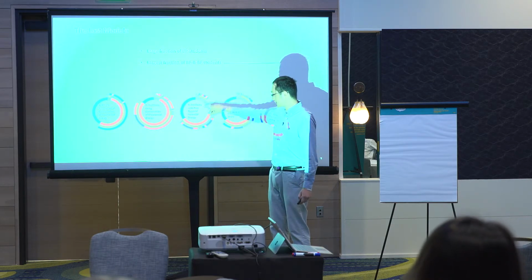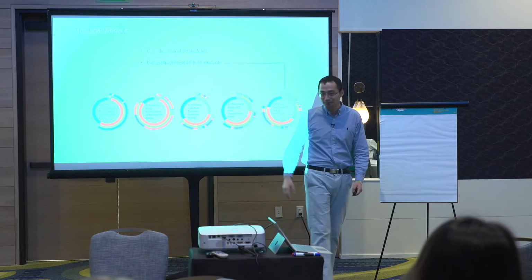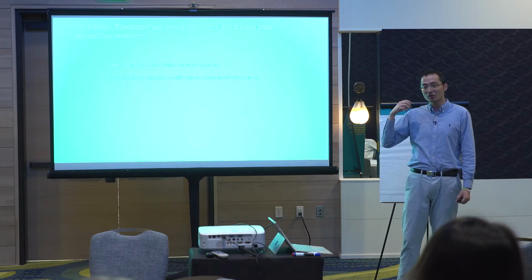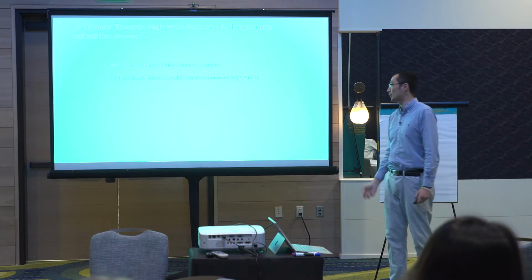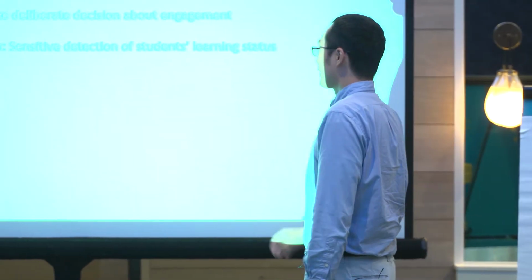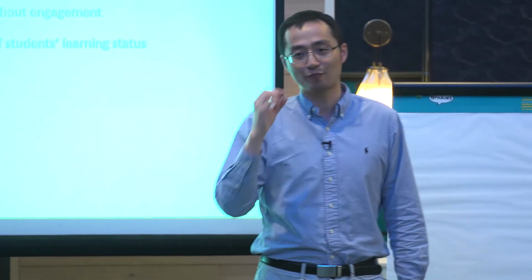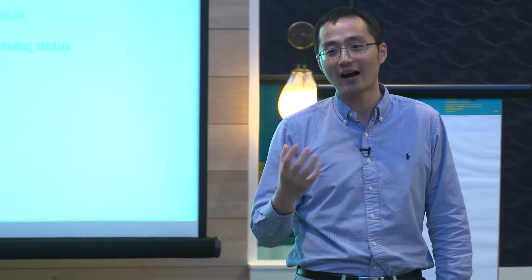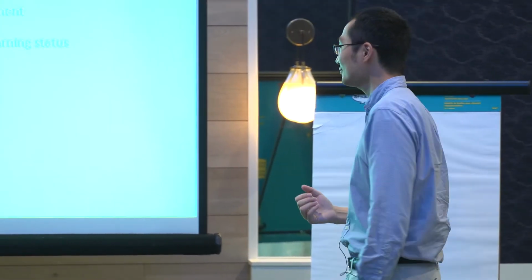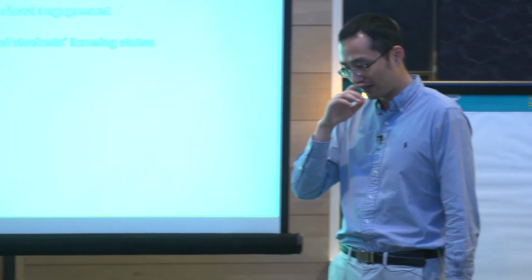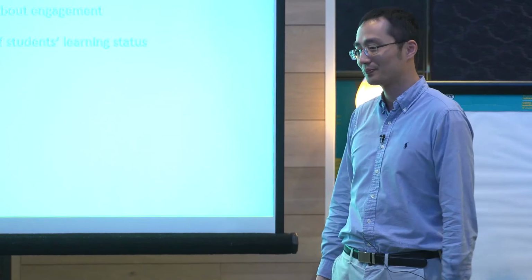Some of them decided to disengage, some of them decided to stick on. This is a very complicated pattern which requires much more study. And mastery learning design is really the most sensitive probe into student engagement that I have seen so far. And it just opens up a lot of future possibilities for research.